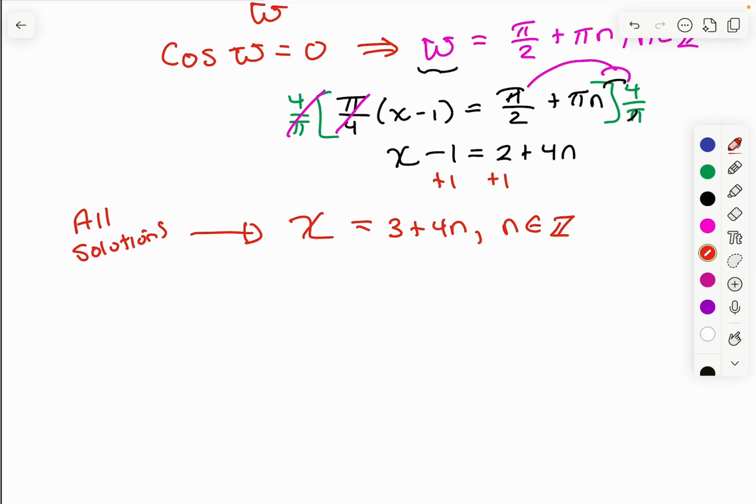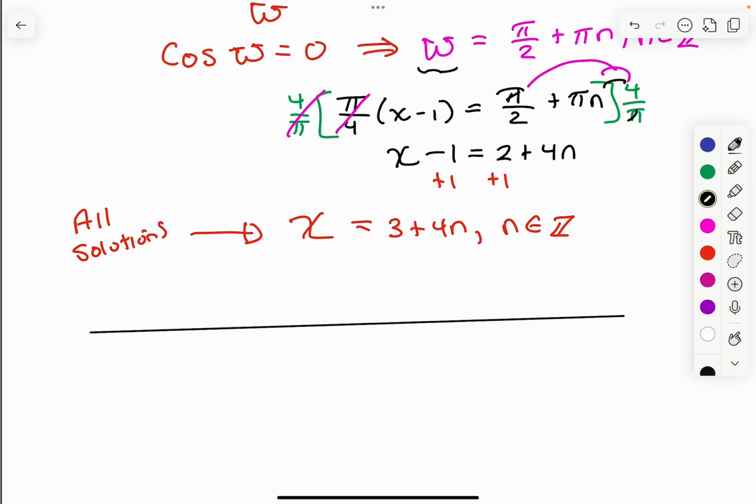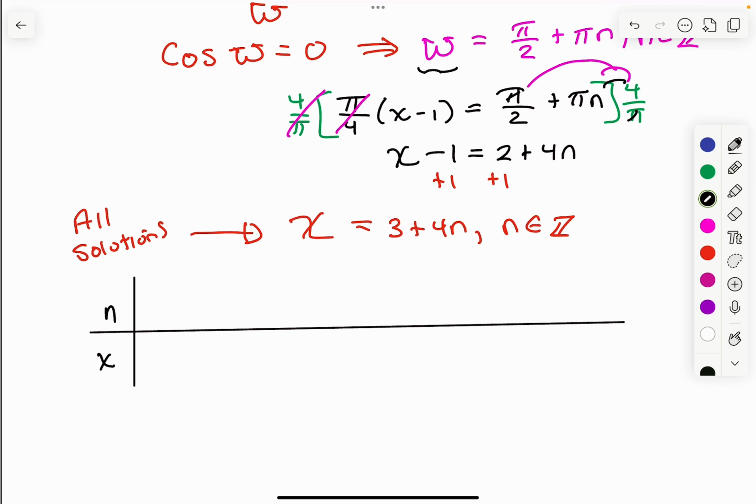Okay, so let's just note, or maybe I'll make a little table for us. I'll make it horizontal. Okay, so when I have my n values and my x values. So n could be 0, 1.